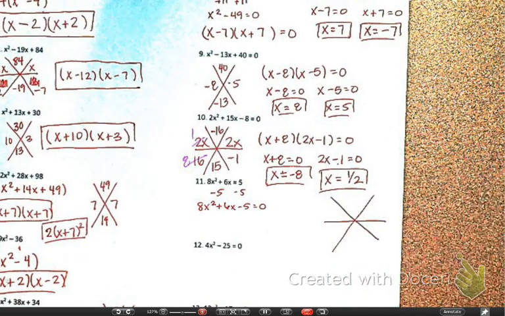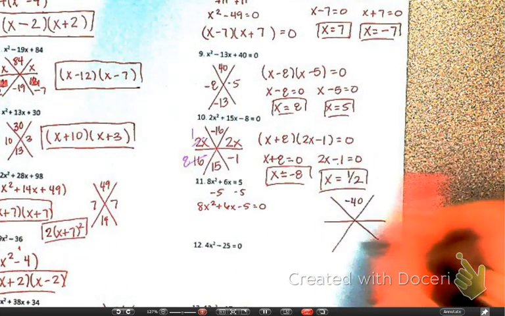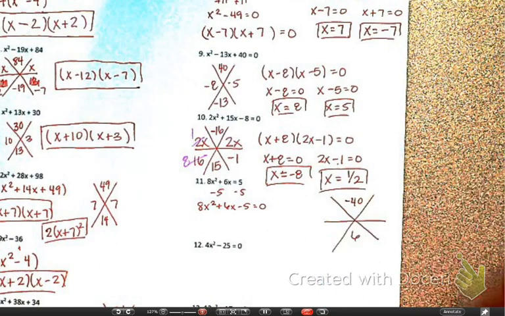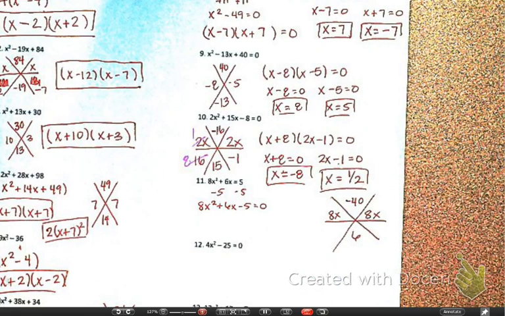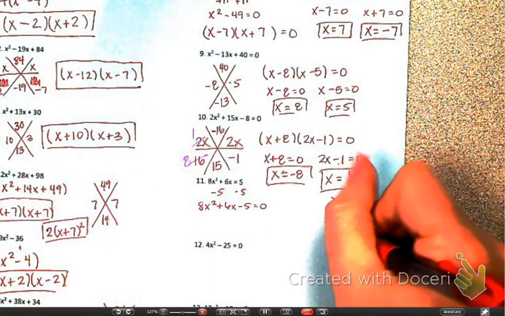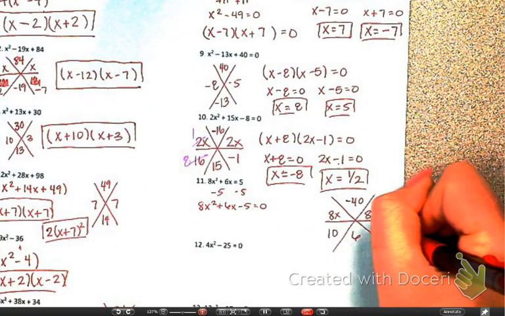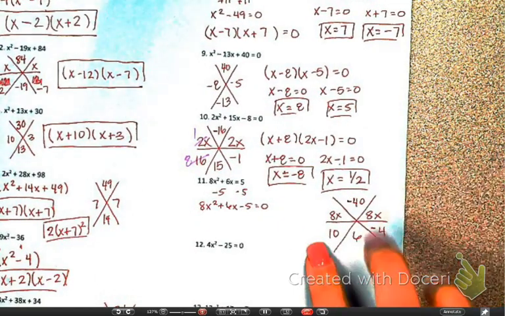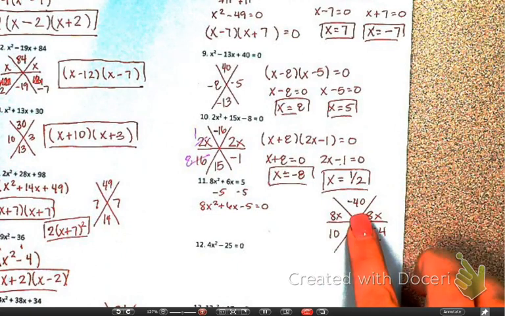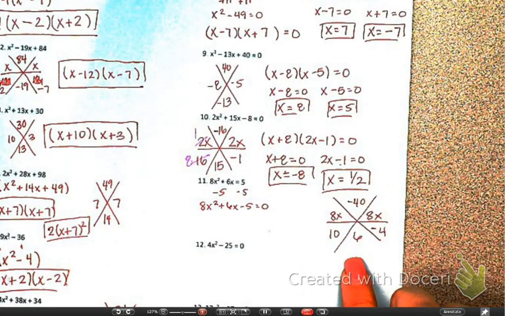8 times negative 5 is negative 40, with 6 on bottom. Two numbers that multiply to negative 40 and add to 6. So it's 10 and 4. Which one needs to be negative? The 4. 10 times negative 4 is negative 40, and 10 minus 4 gives me a positive 6.